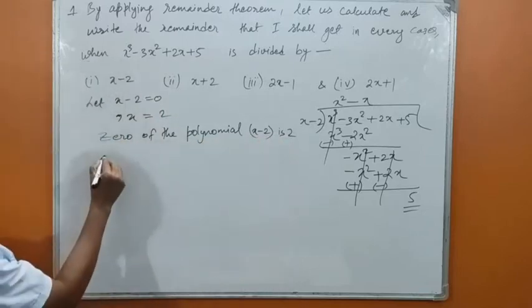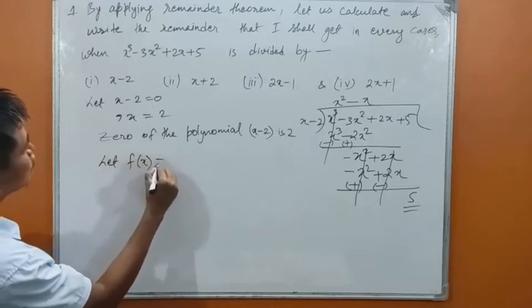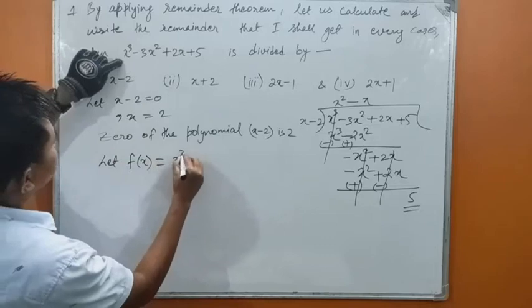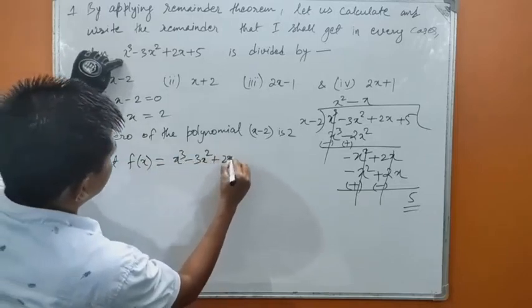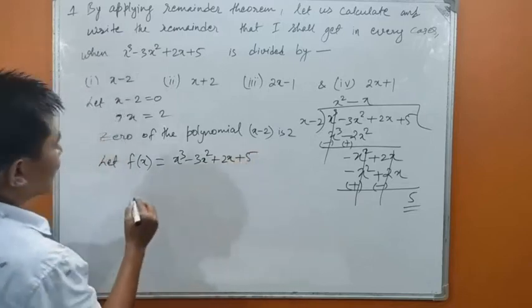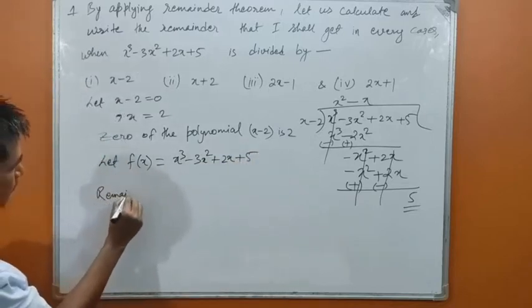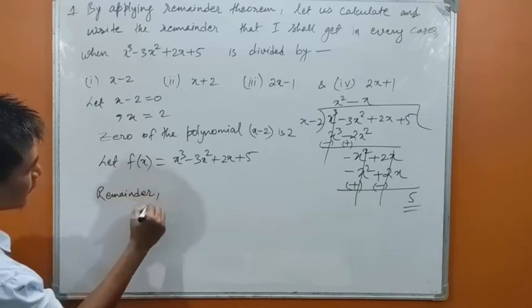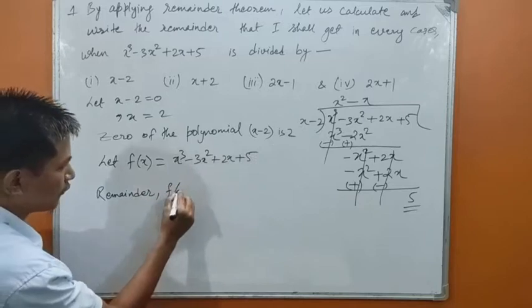Let f(x) equal x cube minus 3x square plus 2x plus 5. Now, according to the remainder theorem, the remainder will be f(2).